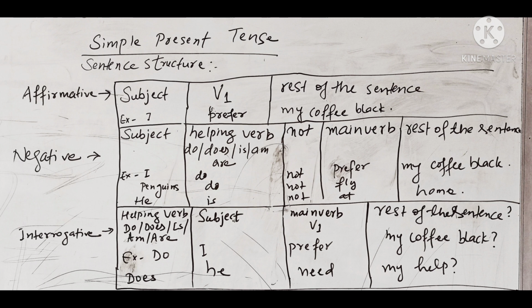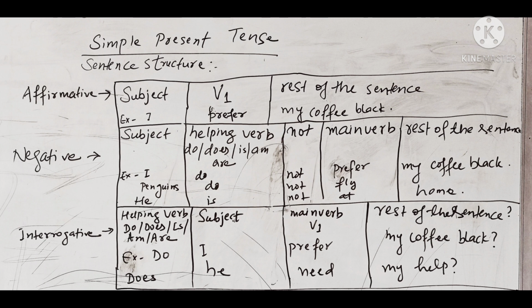When we speak something and we believe that it is true or valid, that would be an affirmative sentence. And when we deny something, that would be a negative sentence. We use not in there. And when we ask a question, that is interrogative sentence, right? So we would learn the sentence structure of all these three kinds of sentences, right?